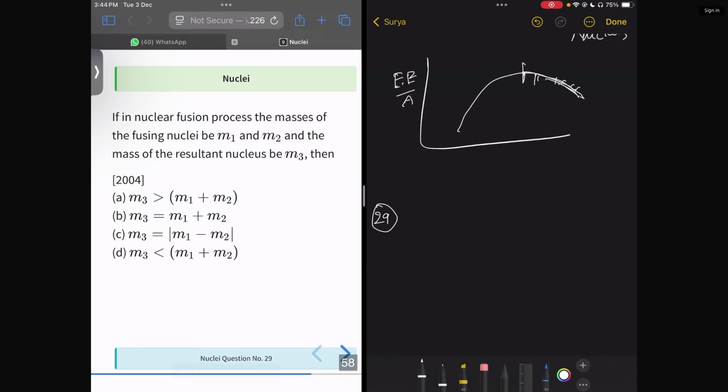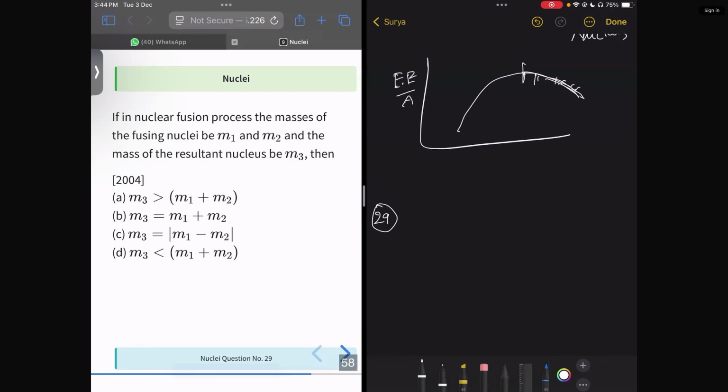In the nuclear fusion process, the masses of the fusing nuclei are M1 and M2, and the mass of the resultant nucleus is M3. What is the correct relation between them? Fusion means combining, right?